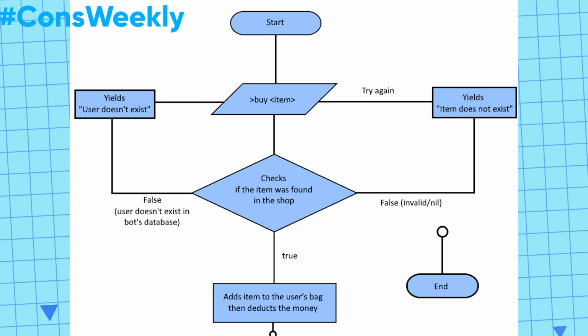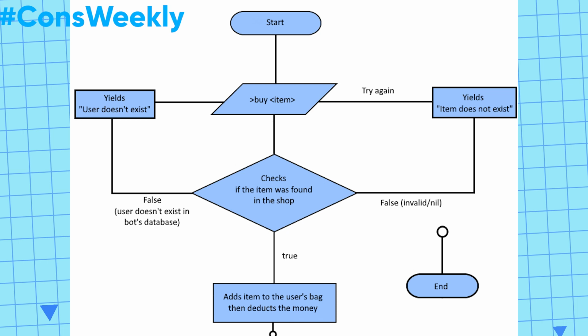What this does is basically take the info from the shop, and then it reads out the string of the item the user wanted. If the user doesn't have sufficient credits, the bot yields user doesn't have sufficient points. Or if the item doesn't exist in the shop, the bot yields item does not exist in the shop.